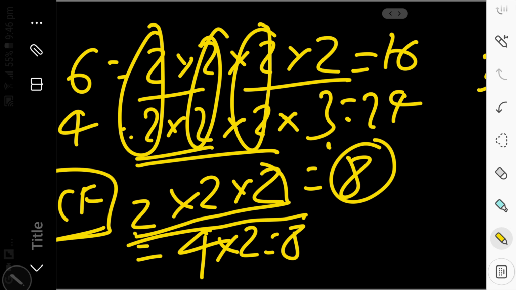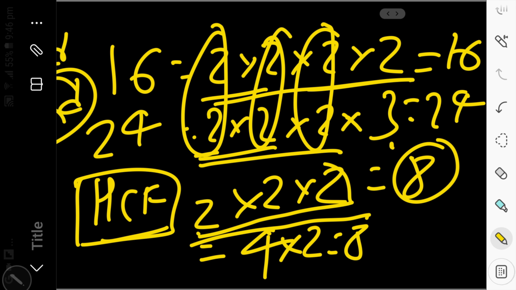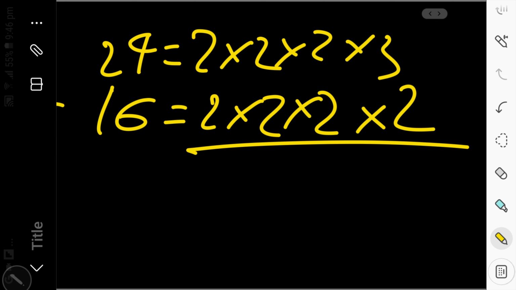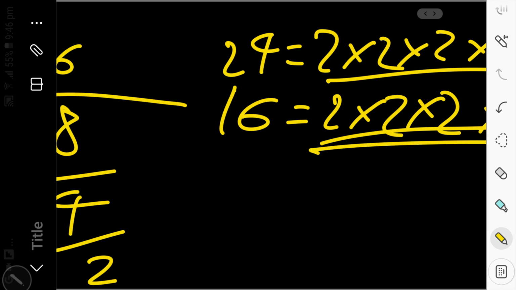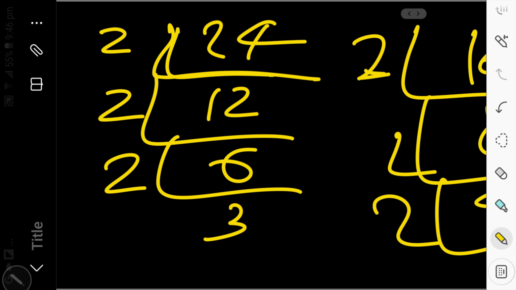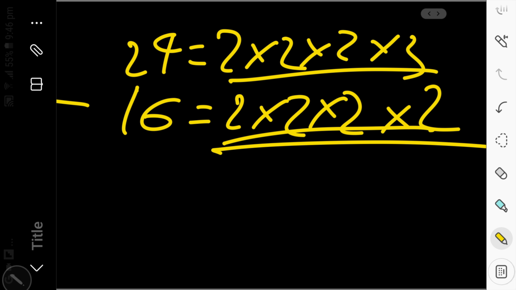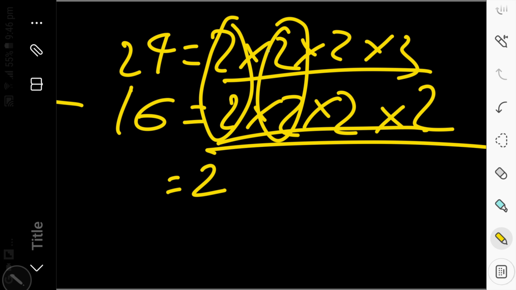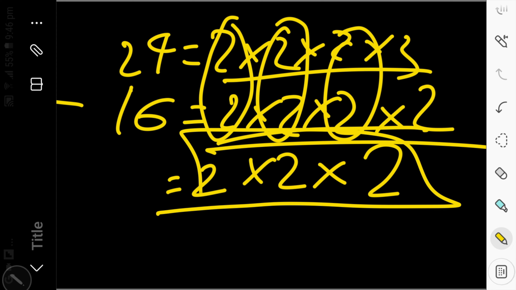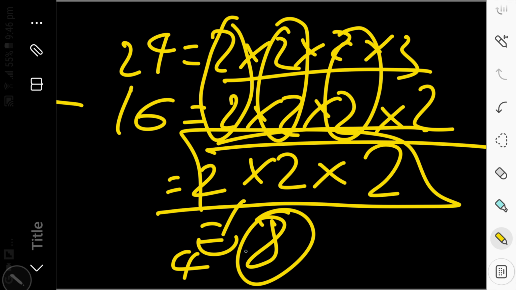So this is a method of finding the prime factorization, dividing the numbers separately. Now just like the previous second method, we find the common factor, which is 2 and 2, which is 2, 2 and 2, which is 2, 2 and 2 is 2. So we multiply the common factors, which will give us 8. 4 by 2 is 8.